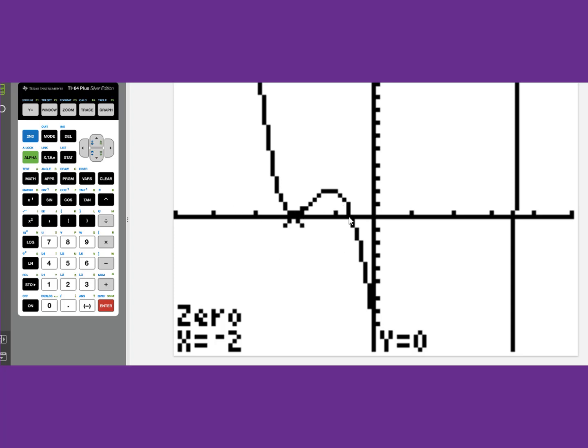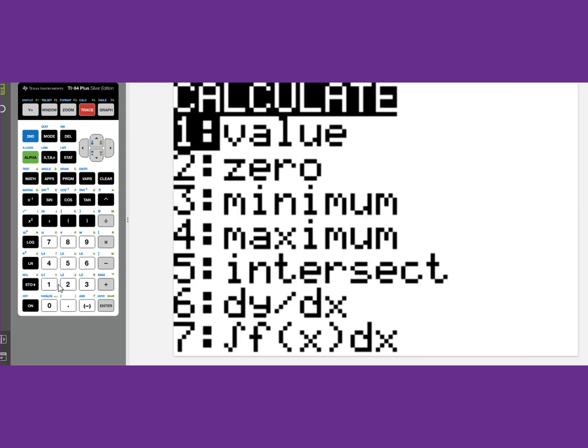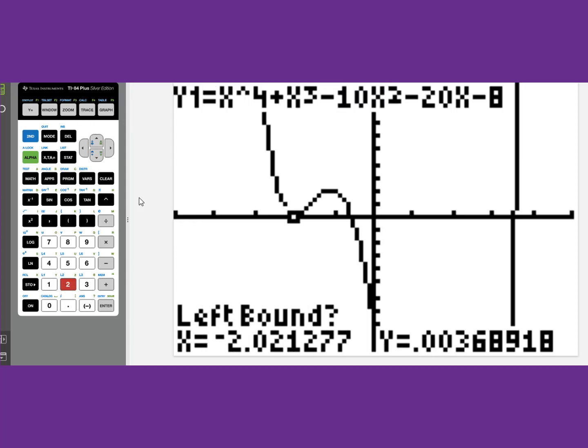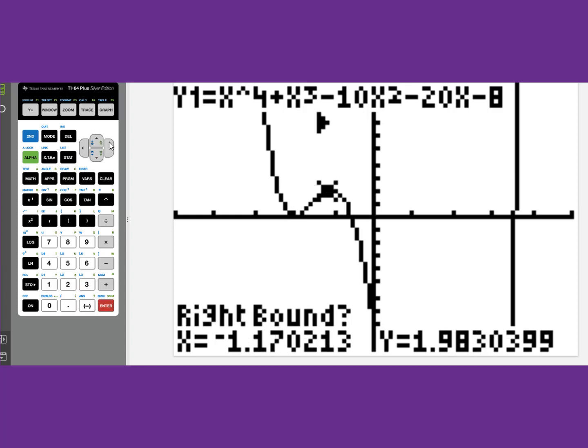Now let's try, is this one a rational solution? So we do second trace, go to 2. Then the left bound, I can move over here, enter. Right bound, I keep moving. We find a point on the right side of this 0, press enter.